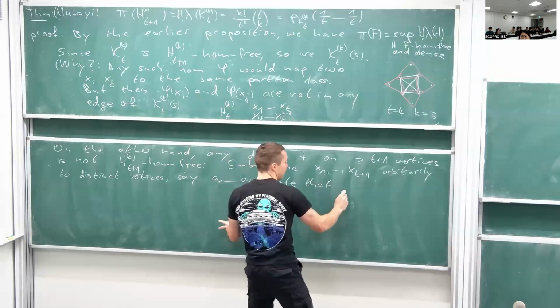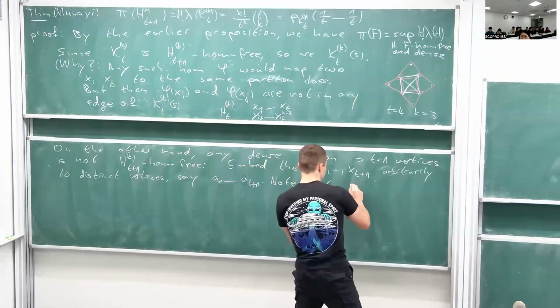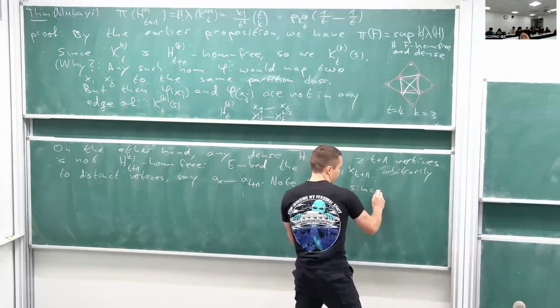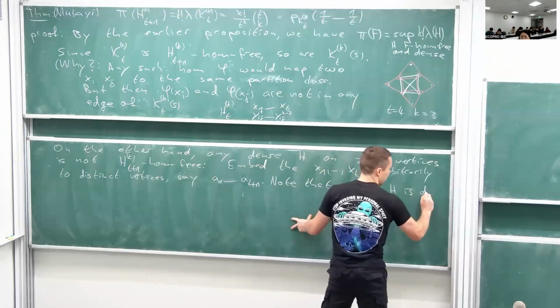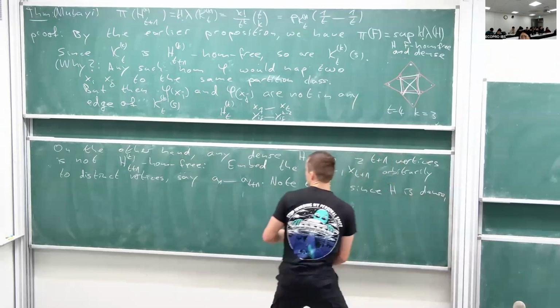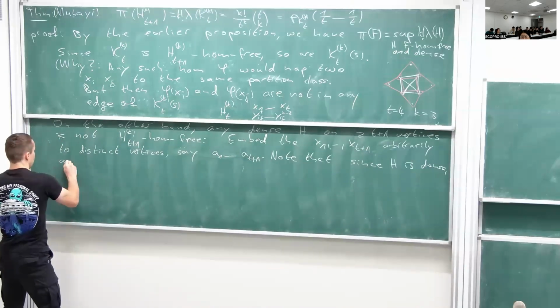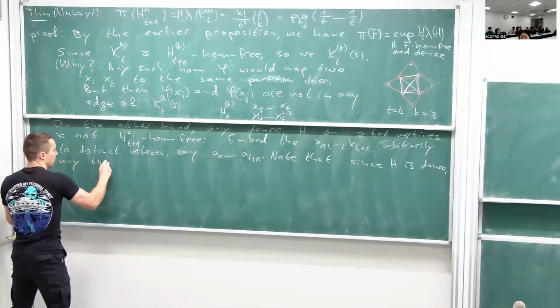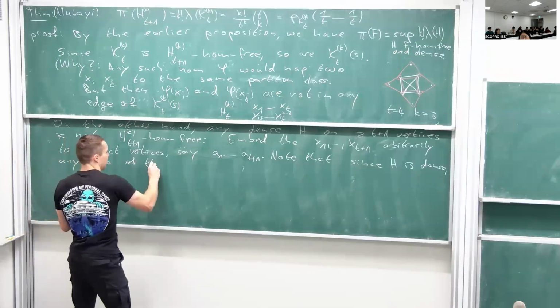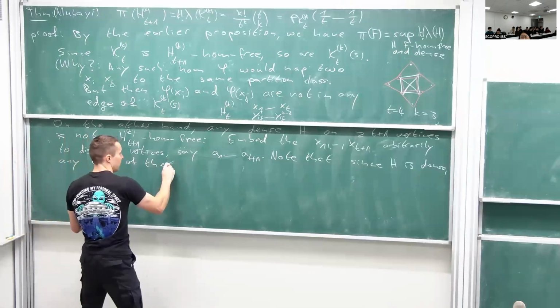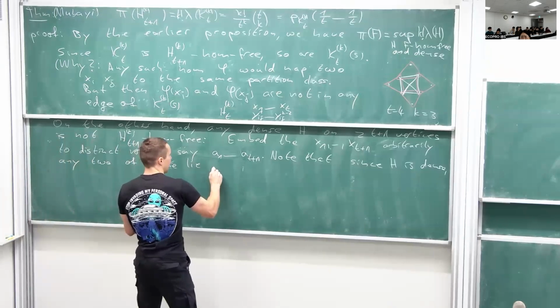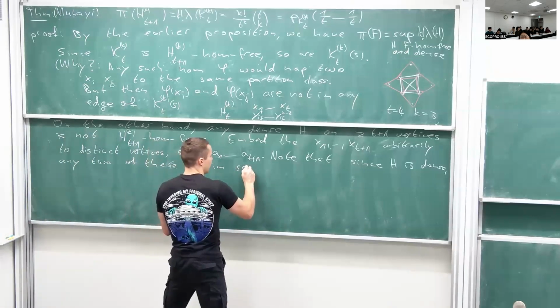And then since H is dense, any two of these are in an edge together.